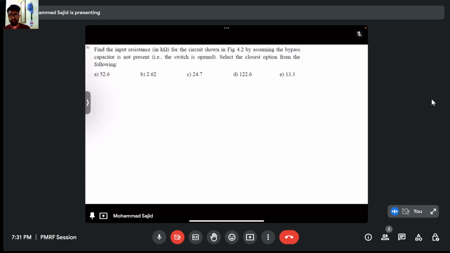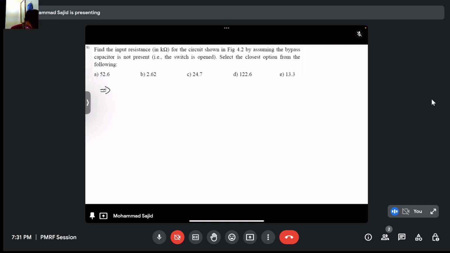Alright. Now next question, it's again what we discussed earlier, how to find input resistance and output resistance. Again, let's just draw first the equivalent circuit. For the case here, it is saying that the bypass capacitor is not present.